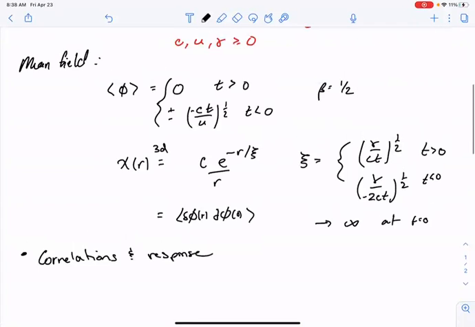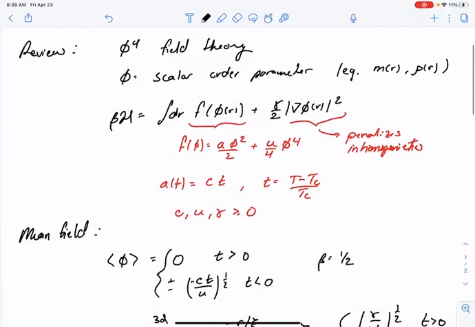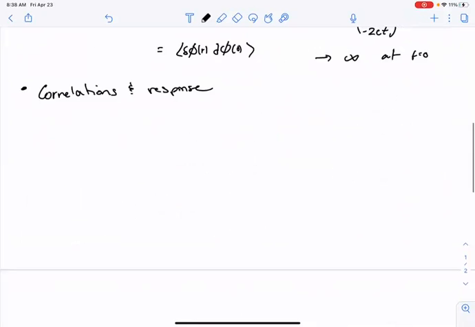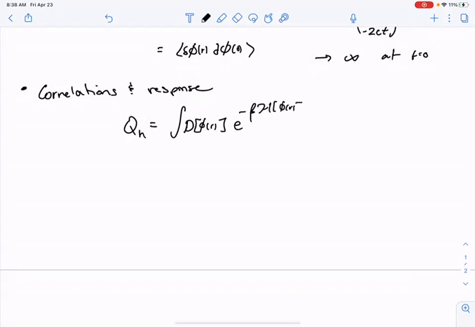So as before, we've written down our effective Hamiltonian with this local free energy density and squared gradient term. We could add to that Hamiltonian an applied field. The associated partition function in the presence of the field would be an integral over all possible fields weighted by our effective Hamiltonian, which depends on that value of the field.